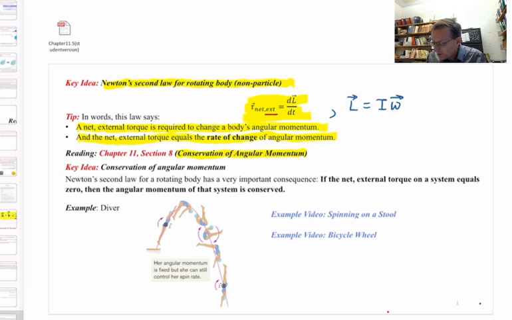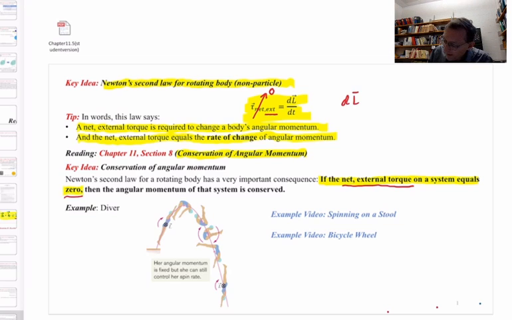If you have a situation where the net external torque on a system equals 0, then you go up here to the new version of Newton's second law, and you put on the left side 0. Net external torque equals 0. Newton says if the net external torque is 0, then dL/dt equals 0.